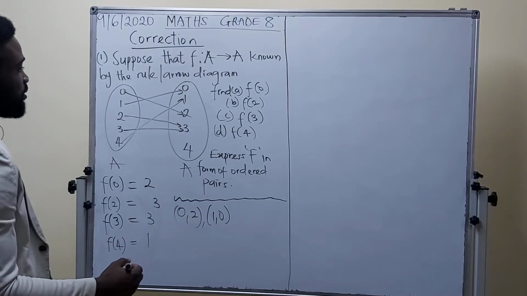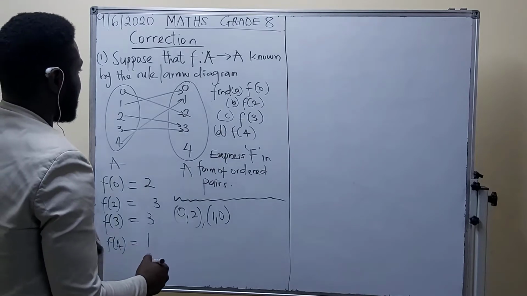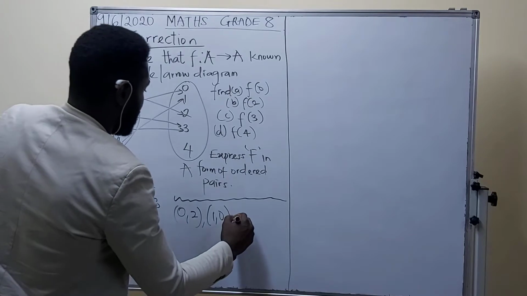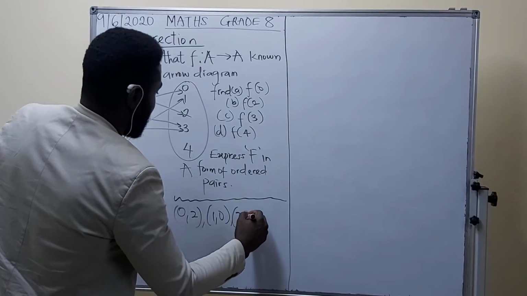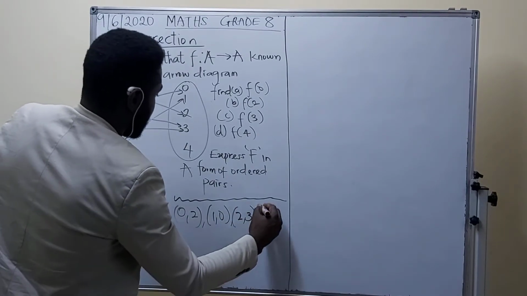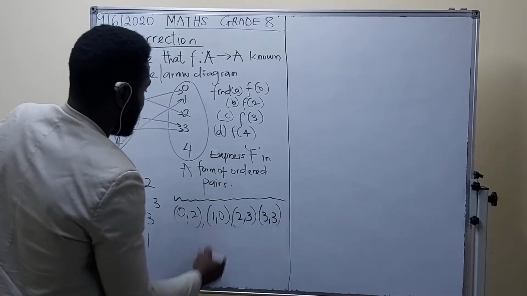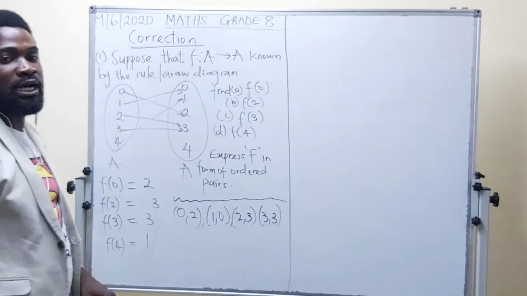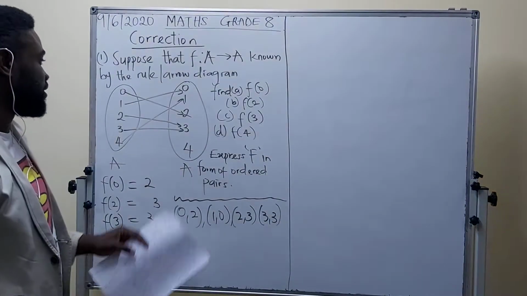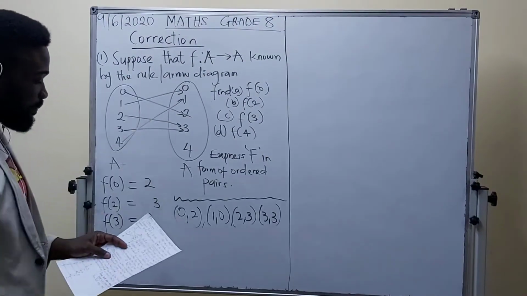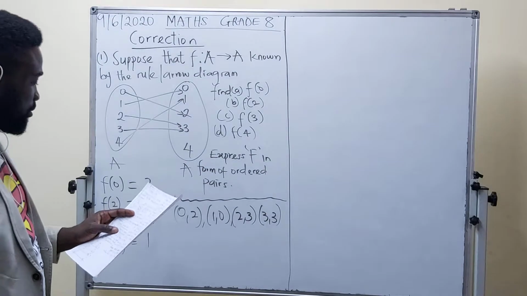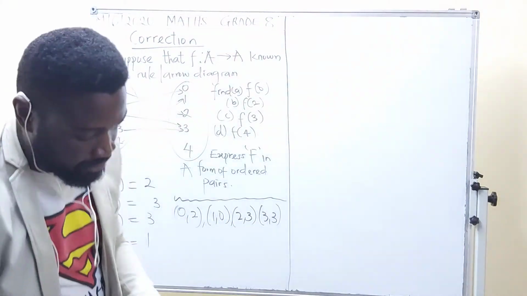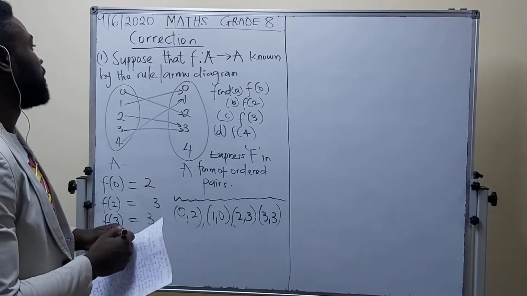Then we can also see that 2 binds with 3. Then 3 also binds with 3. So I think these are all the pairs we have for this very application. You can check on our YouTube channel to get better understanding of this very correction.